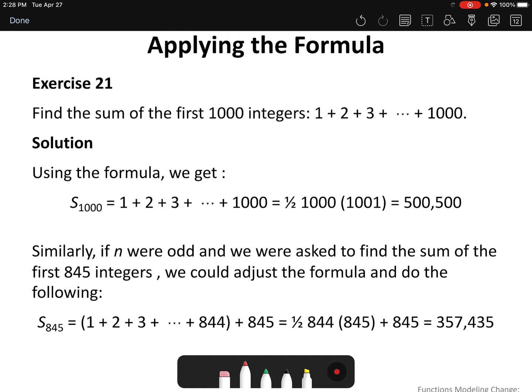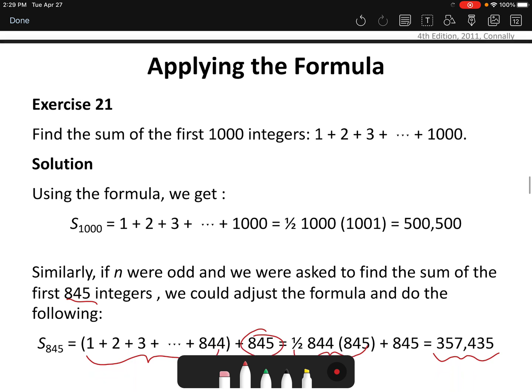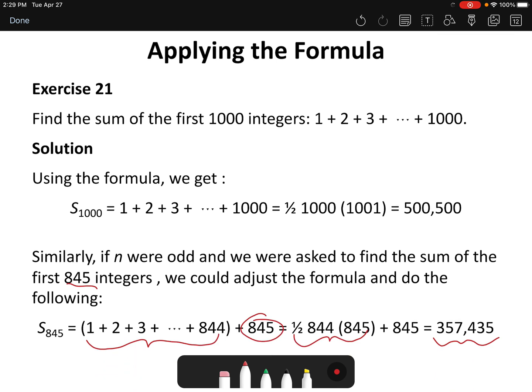Now, if the number of terms was odd, and let's say we were going to find the sum up to 845, so 845 would be the last number, we would just take the sum of the first 844, using the formula 1/2 times 844 times 845, then add 845 and get 357,435. So all this is showing you that there's a special formula that we can use to find the sum of these types of arithmetic series.